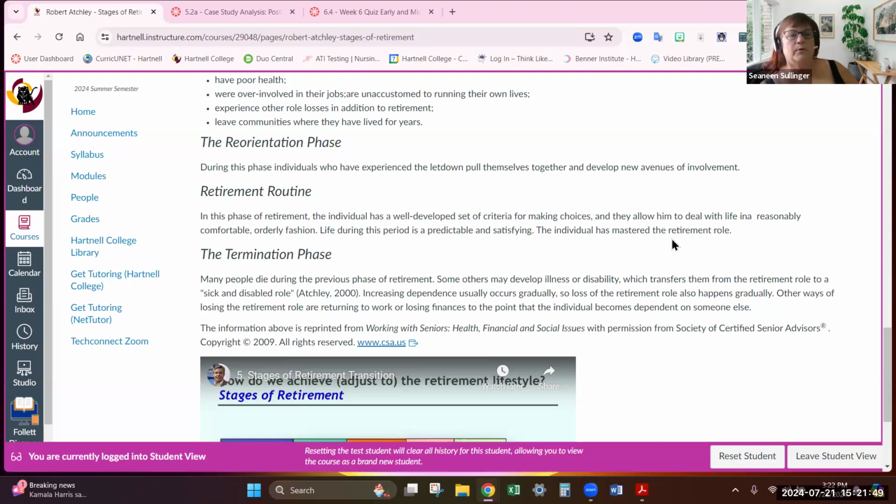Other ways of losing the retirement role are going back to work. So some people will actually go back to work or volunteer on a full-time basis. Or you might, in a negative way, unfortunately, spend all your finances and become dependent on somebody else. So there are different ways to reach the termination of the retirement phase.